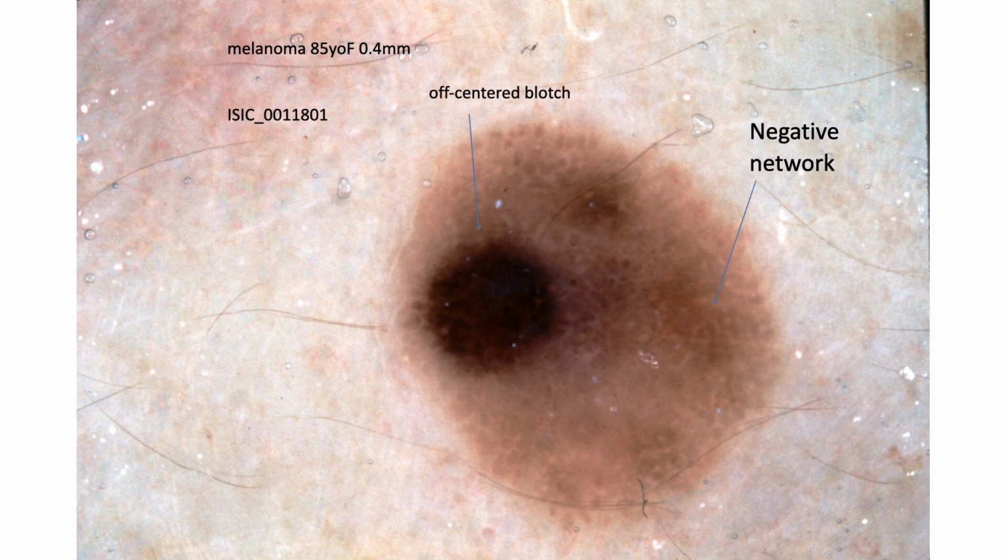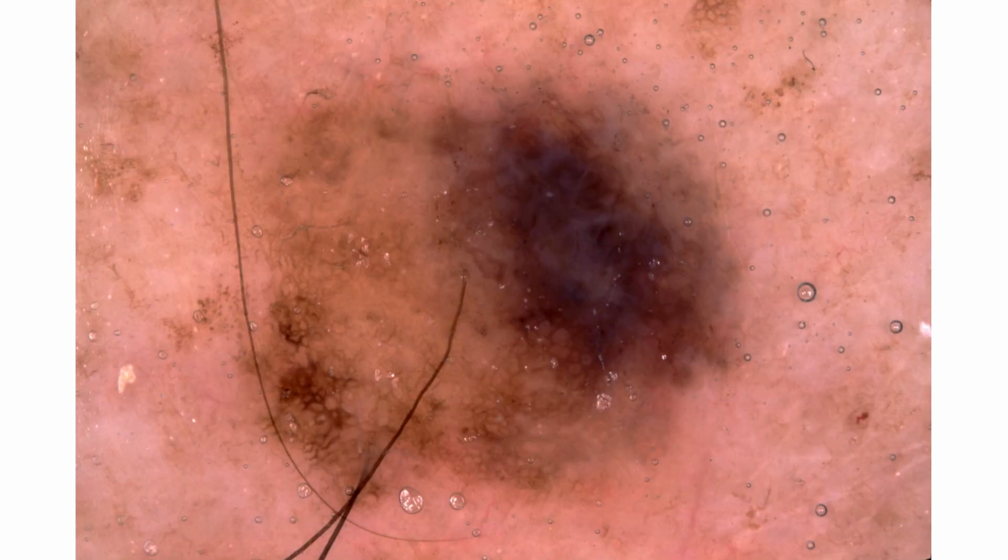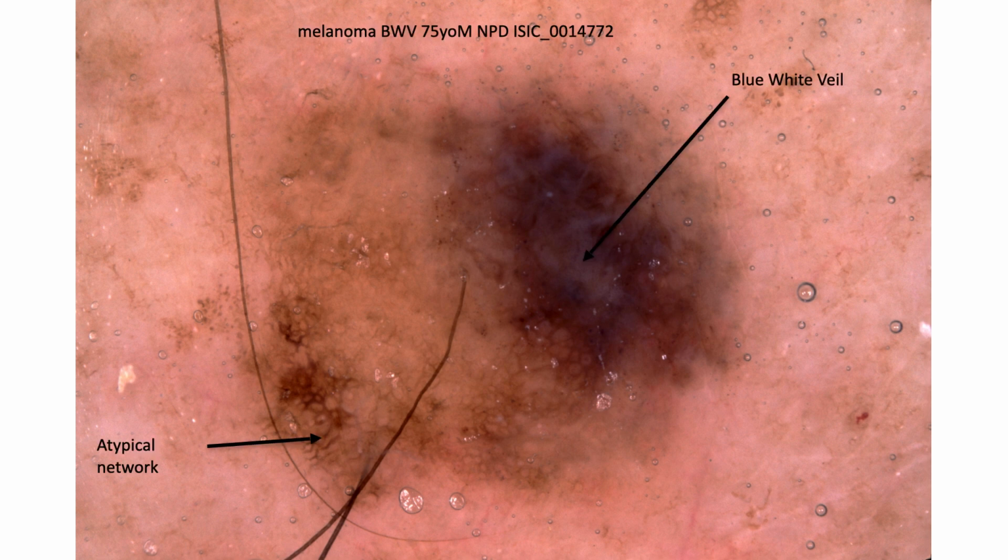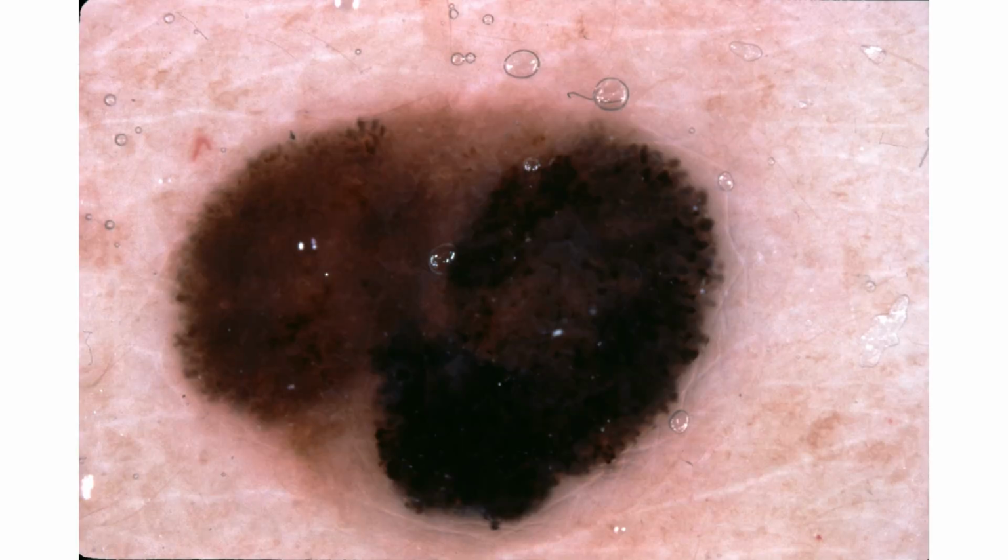And we've got another melanoma. And here we've got some possible blue-white veil if it's over a raised area. We've got abnormal atypical network. And so, again, we're looking at a melanoma. And here we got lots of streaking, pseudopods.